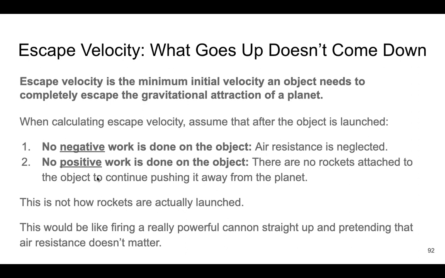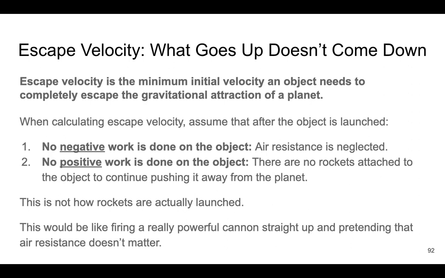Let me point out that this is not how rockets are actually launched. When the rocket goes 3, 2, 1, ignition, it goes up. There are rockets pushing on this thing the whole time it's going up through the Earth's atmosphere. So there is always external work being done on any real rocket that we launch.